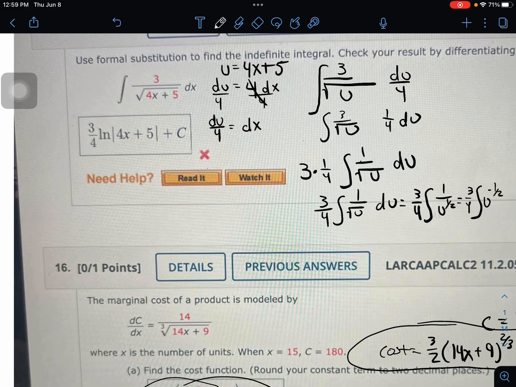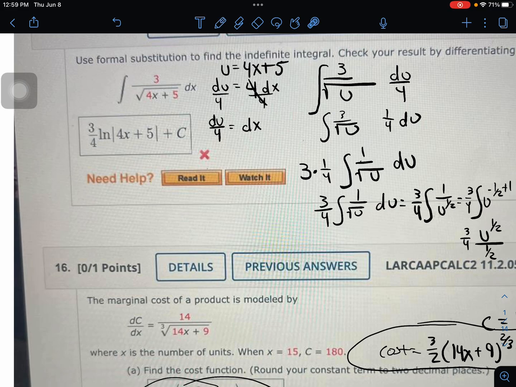And you remember the power property? I add 1 to the exponent. Negative 1/2 plus 1 is, let me go ahead and drop it down. I still have the 3/4 in the front. I'm adding 1 to the exponent. Negative 1/2 plus 1 is a positive 1/2. And then I divide by the new exponent.